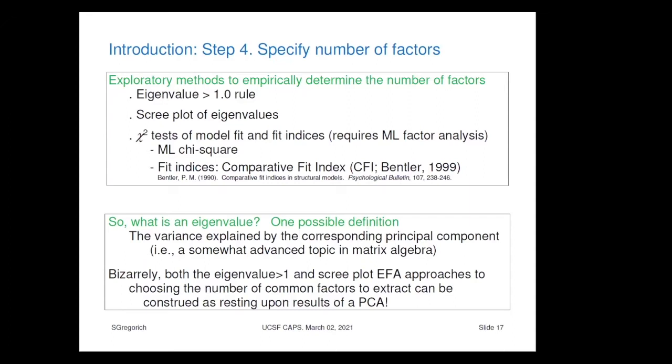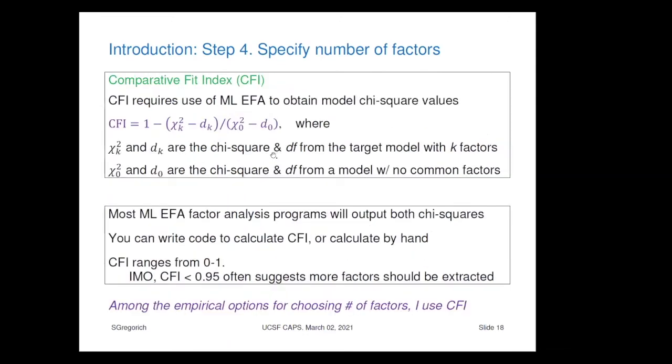So it really is a topic that's more closely aligned with principal components analysis than with factor analysis. But it just seems strange to me that both the eigenvalue greater than 1 rule and the scree plot are based upon these eigenvalues, which are really more akin to PCA than to EFA. And they don't work very well anyway, but I'll get to those.